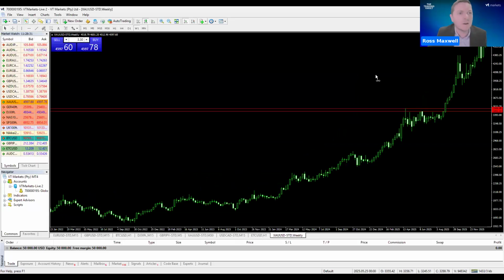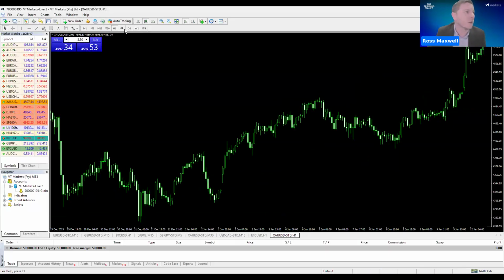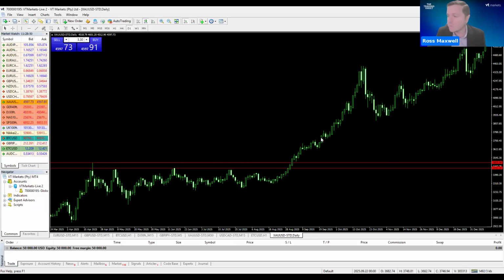If we look at a higher time frame, pulling back to that area, the market's still structurally strong in that area. So it would technically and contextually be sound, and you would have had a strong 25% pullback.